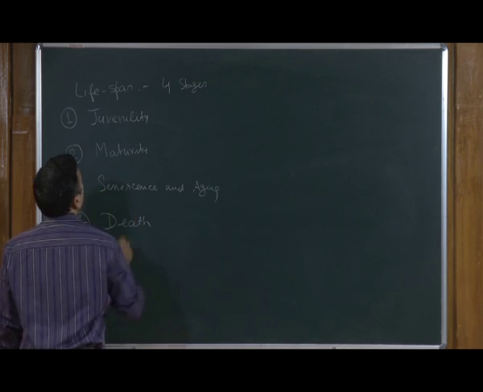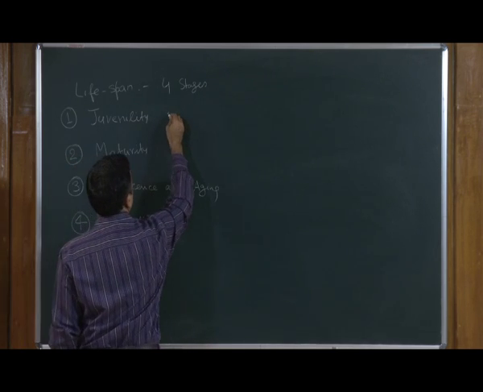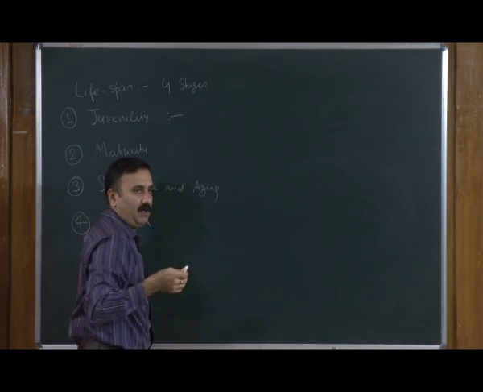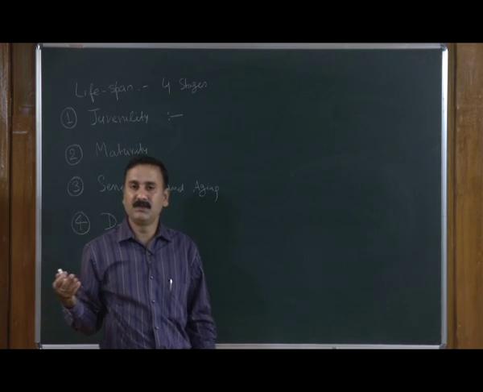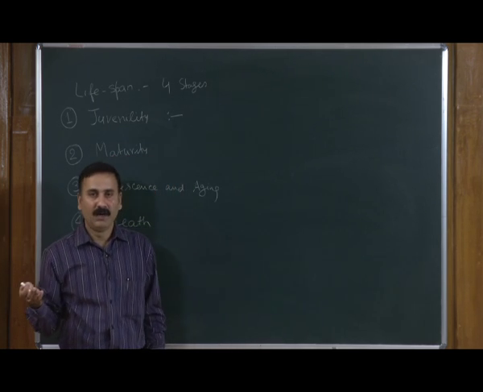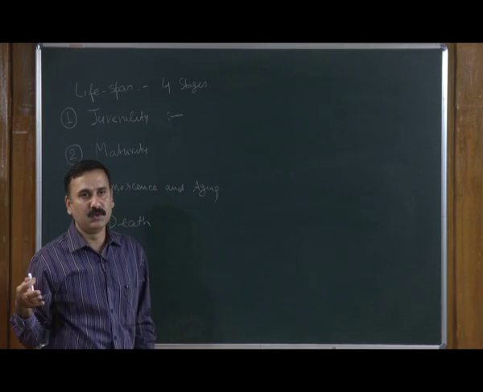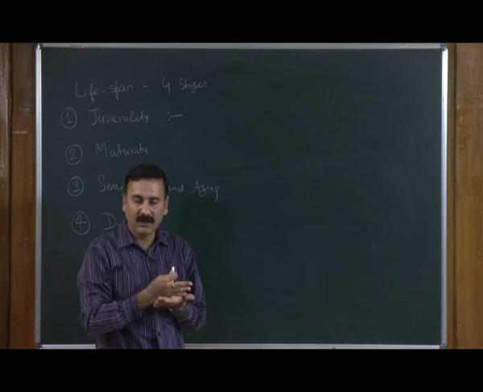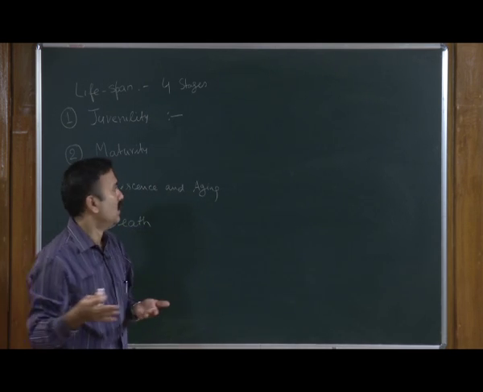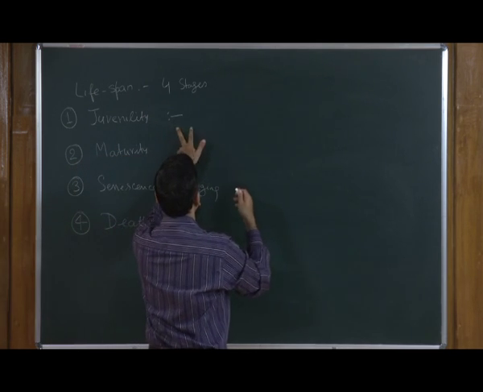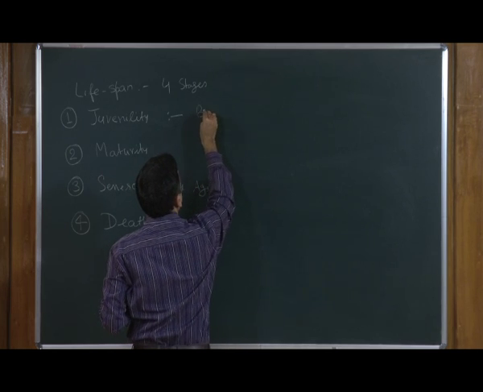So, what is meant by juvenility? Juvenility means that when an organism takes birth and then reaches the adult stage, that particular phase is known as juvenility.